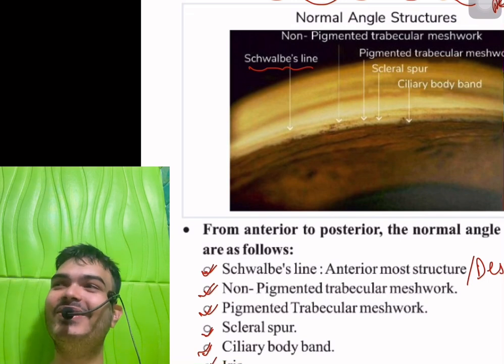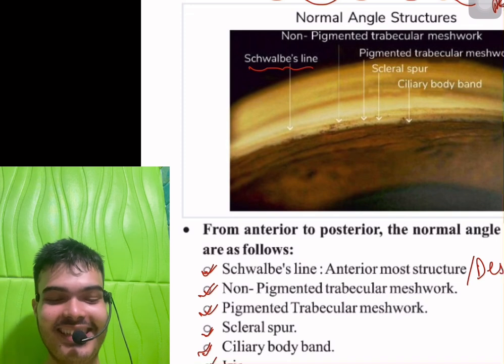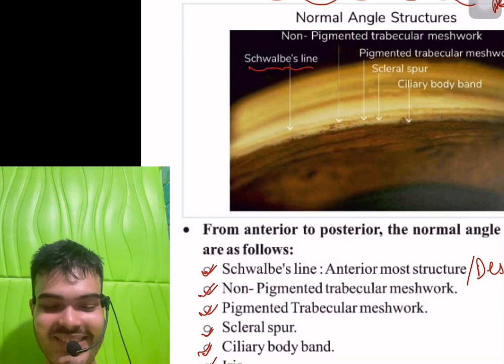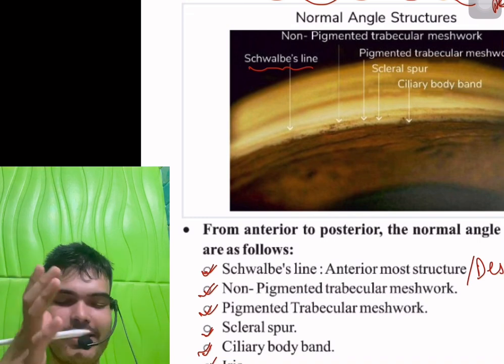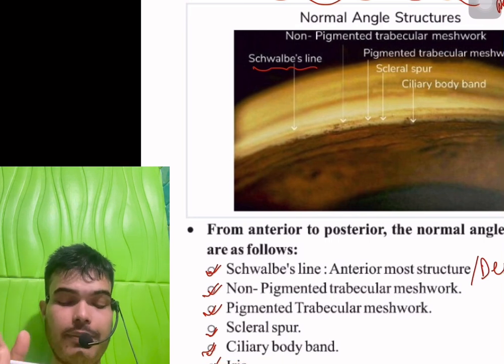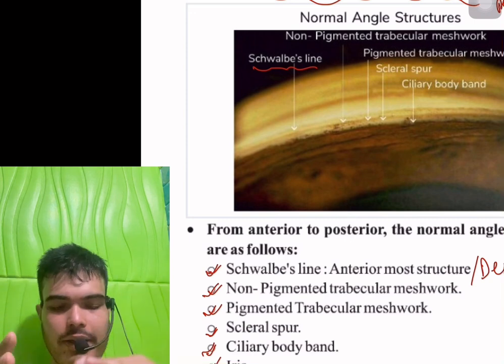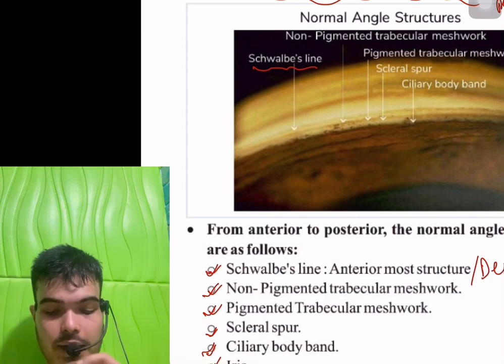When you make a lot of mnemonics, you tend to forget them. That happens, right? So scleral spur, pigmented, non-pigmented epithelium, pigmented epithelium, and then you have sclera, ciliary body, and then you have iris.